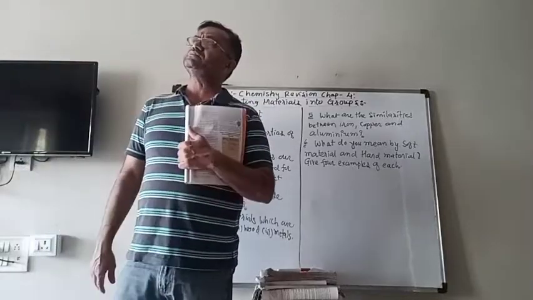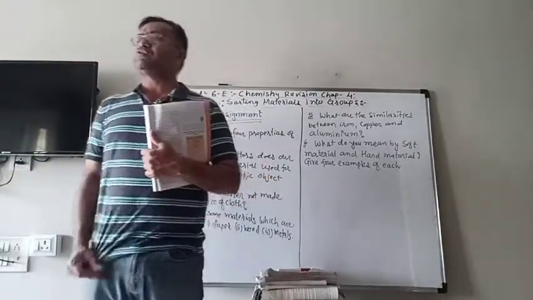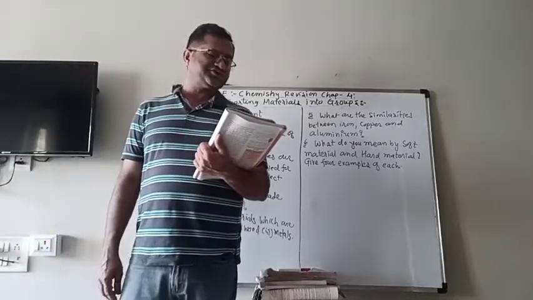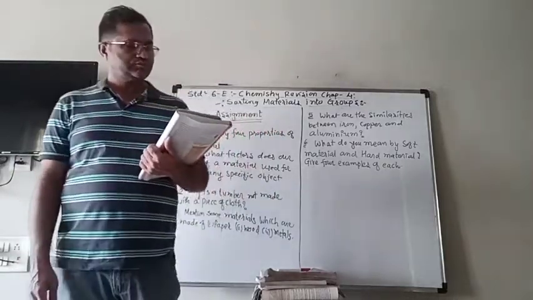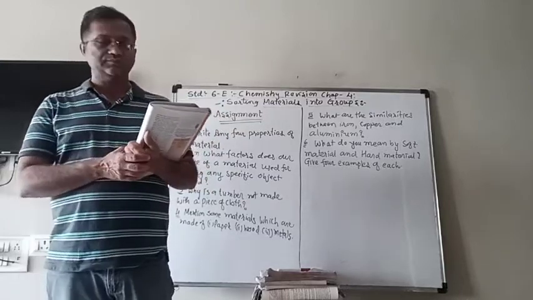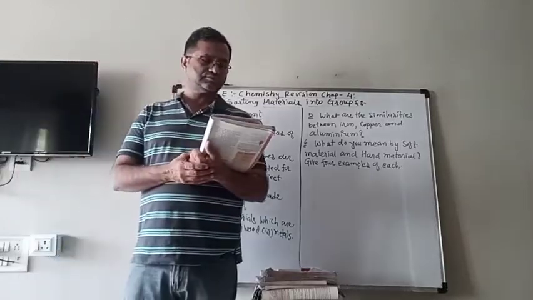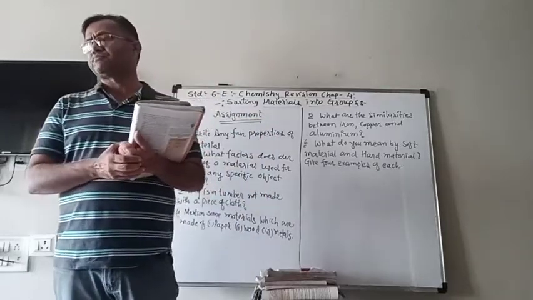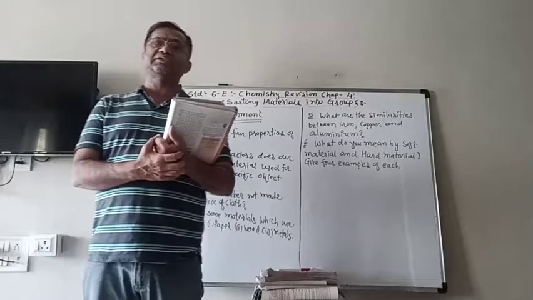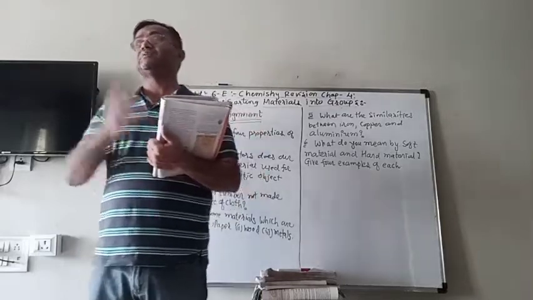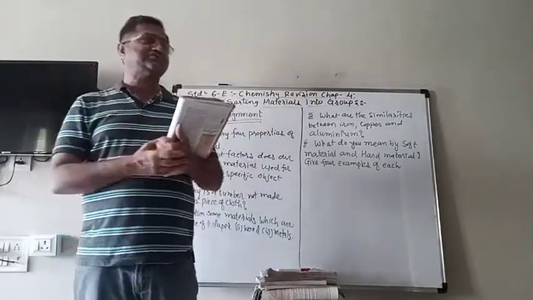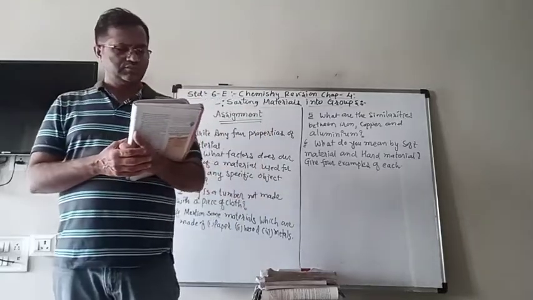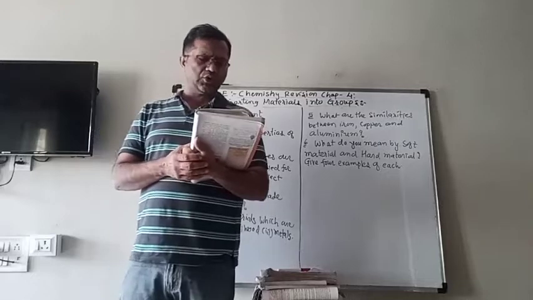We know that there are a variety of items that we see around us. For example, our food, clothes, and so many others like table, chair, cupboard, fan, lights, doors, windows, and so many more objects.